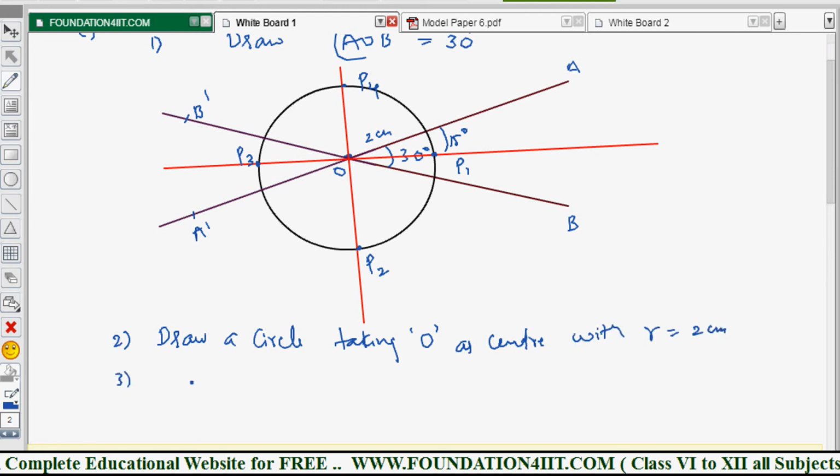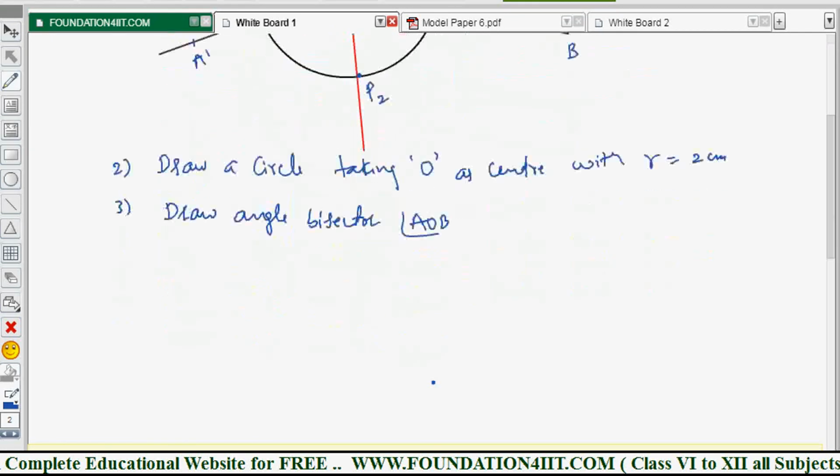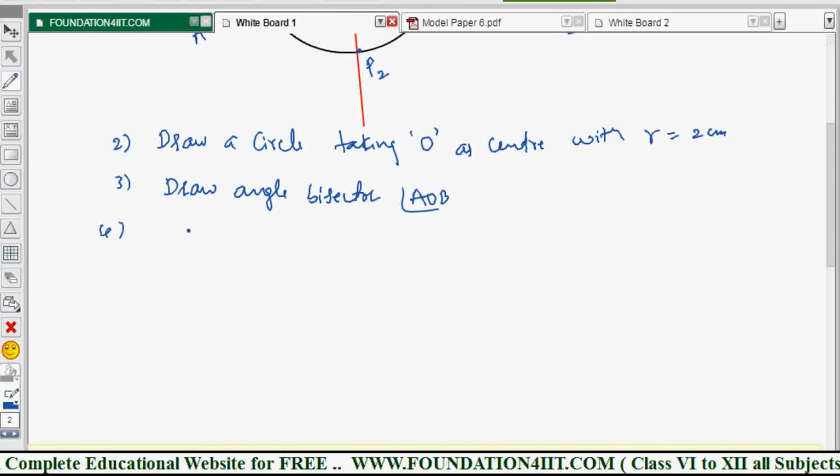Next, draw the angle bisector of angle AOB, extend it, and then the angle bisectors of the other two lines, AOB dash and A dash OB. Again draw angle bisectors for the exterior angles. This is the exterior angle of AOB, that is AOB dash. Extend the lines, and finally we get the points P1, P2, P3, P4.